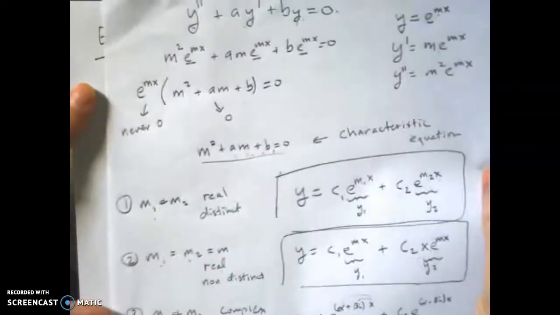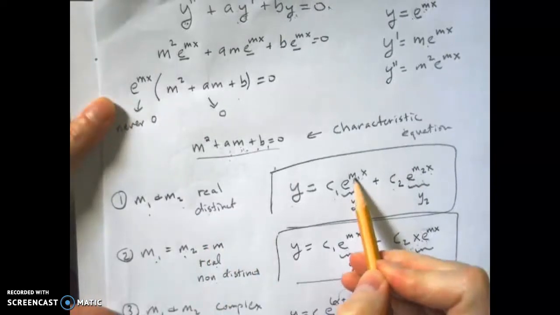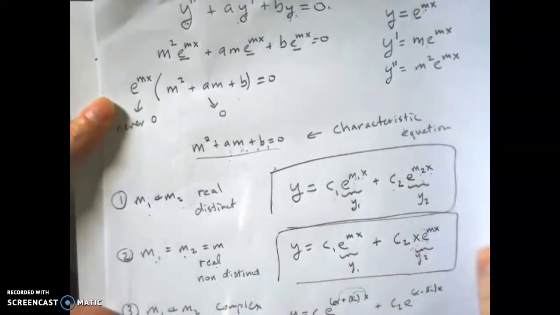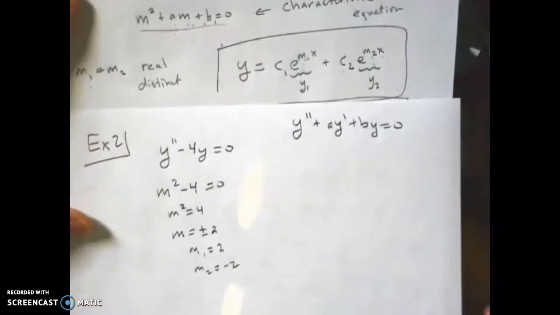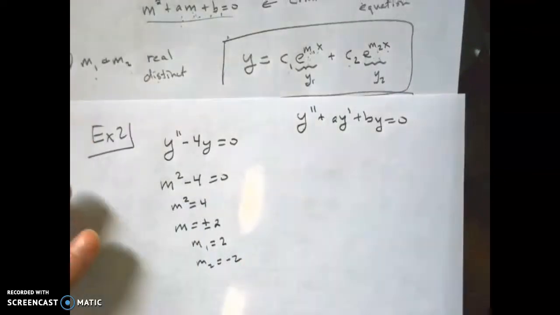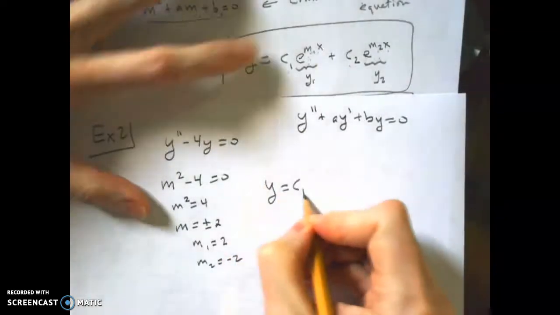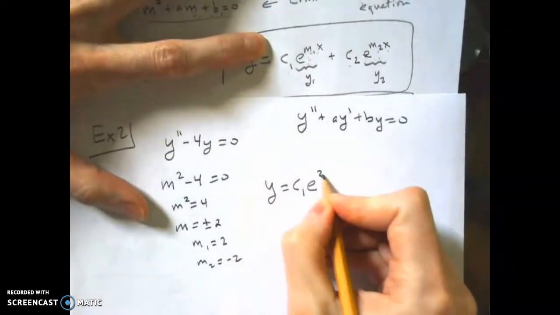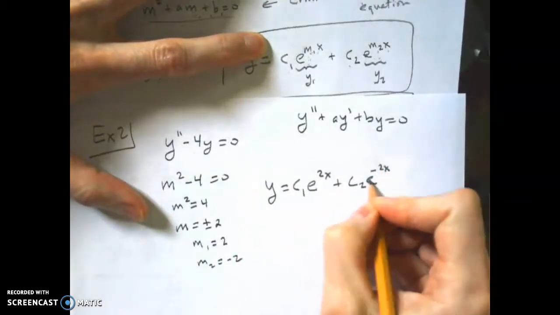So going back over here, we're just going to plug in our two m values here and here. Looking at this equation, our solution's going to be y equals c1 e to the 2x plus c2 e to the negative 2x.